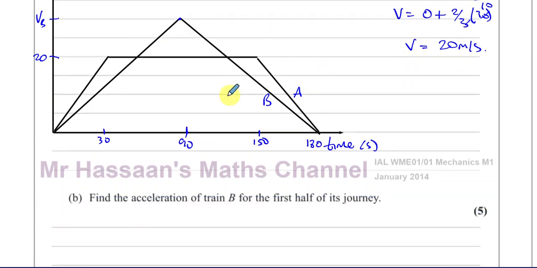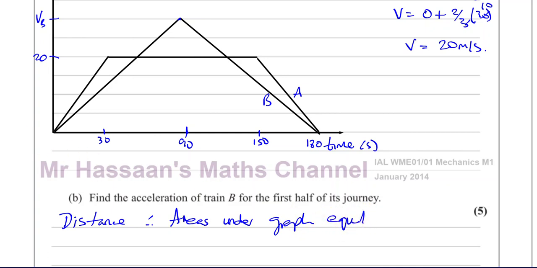What I know about these two, as I just mentioned, is that the area of the trapezium and the area of the triangle are the same. So they have traveled the same distance in that time. Therefore, areas under the graph are equal.